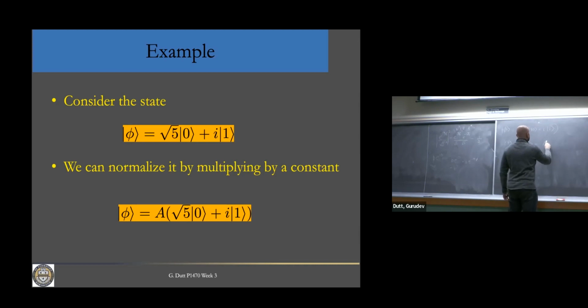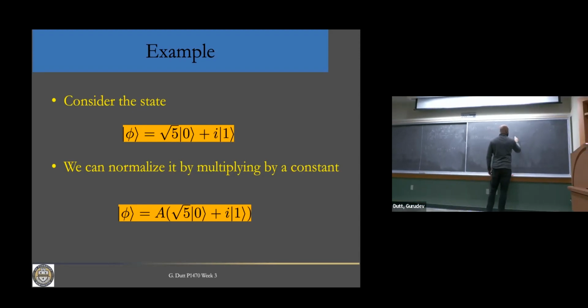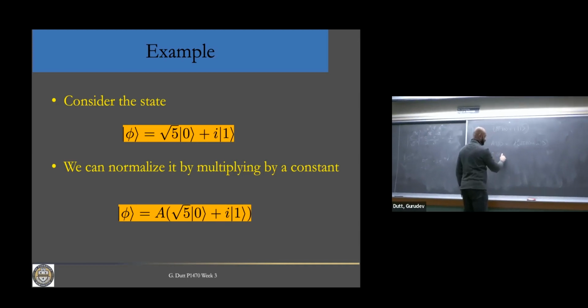This is A times square root 5 times 0 plus A times I times 1.